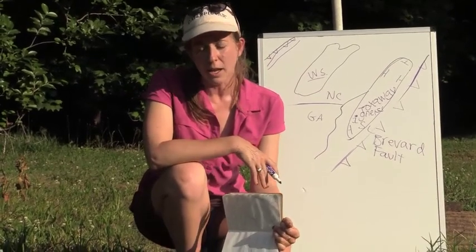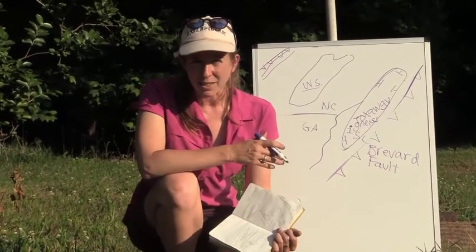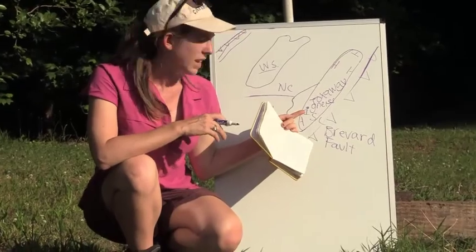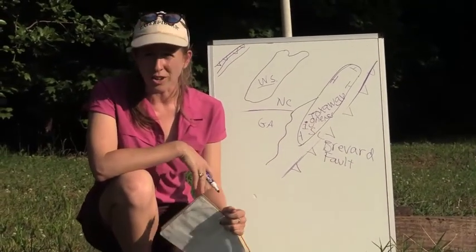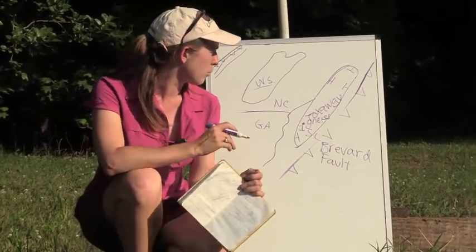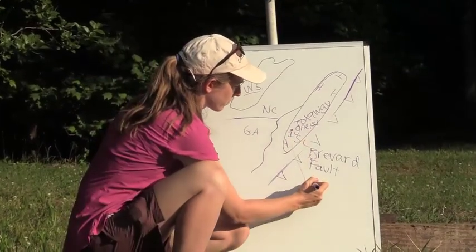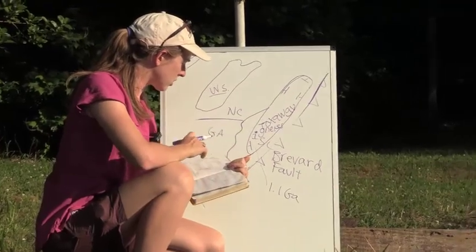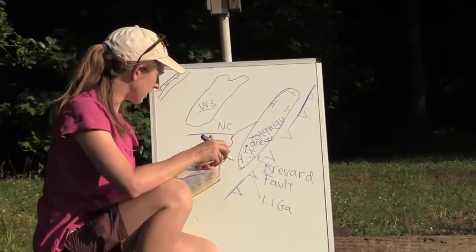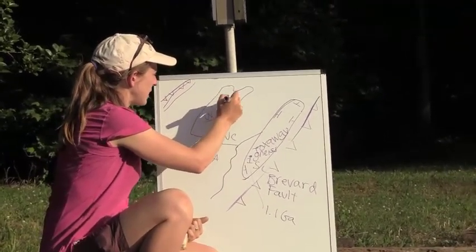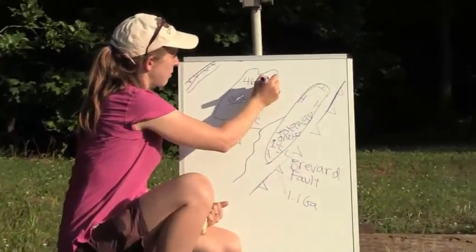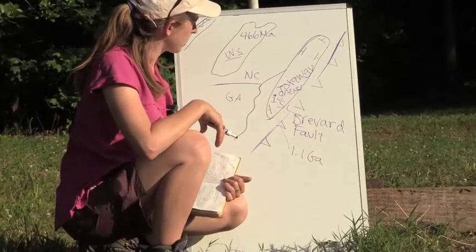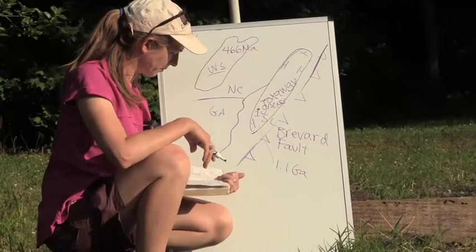But our best estimate and the interpretations of ages that have been gotten from zircons from this unit is about 1.1 billion years old. Now compare this to the Whiteside Pluton, where we're going to be later today. The Whiteside Pluton has been dated at 466 million years old. So these are very different ages.